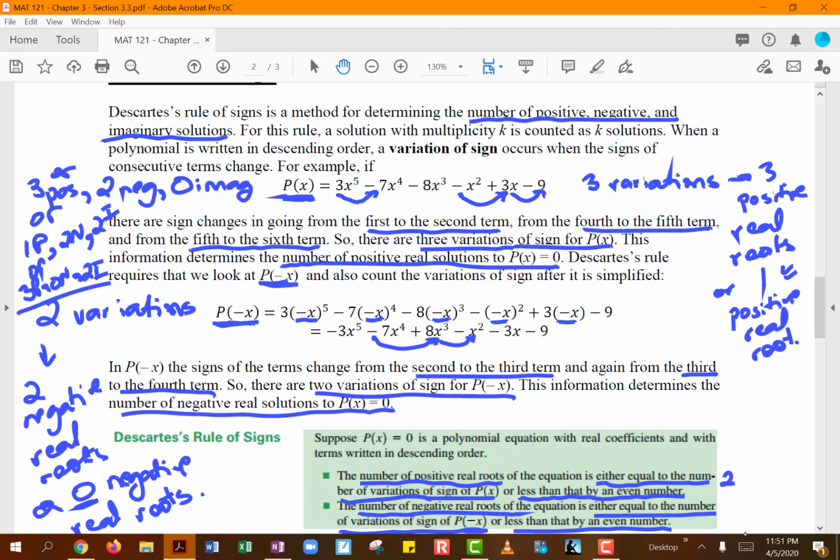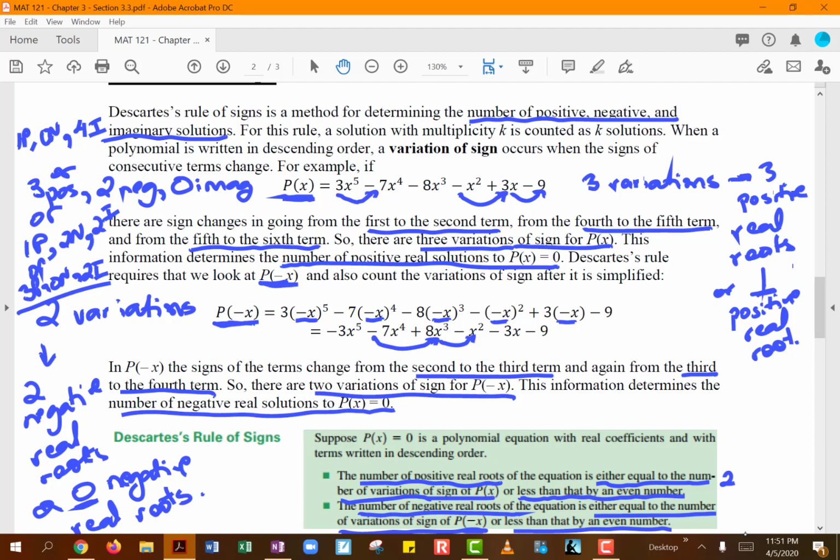Or we've got one more possibility: if you have only 1 positive real root and 0 negative real roots, 1 plus 0 is 1, which opens up space for 4 imaginary roots.